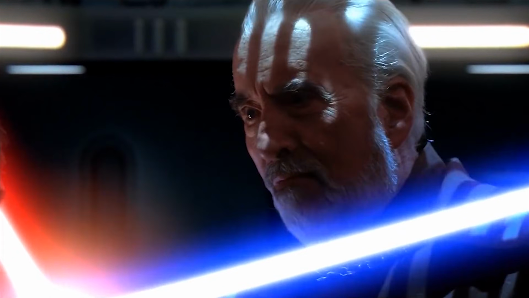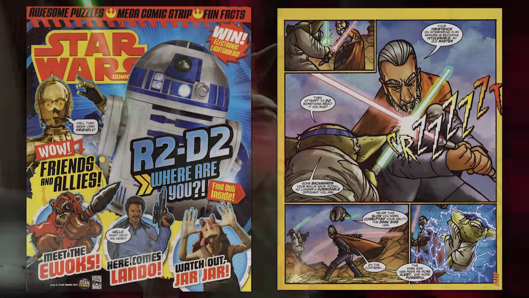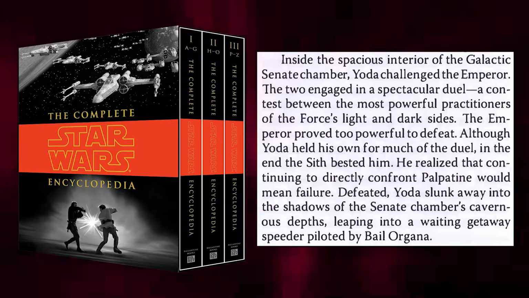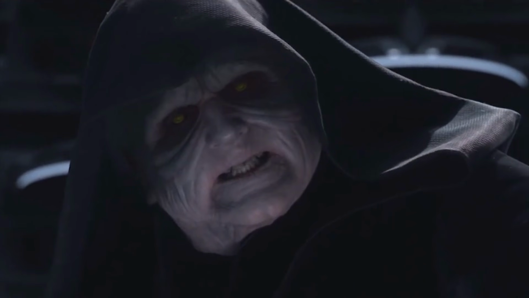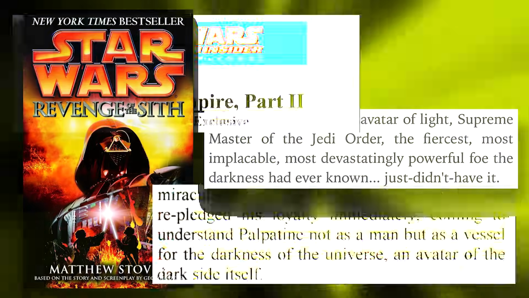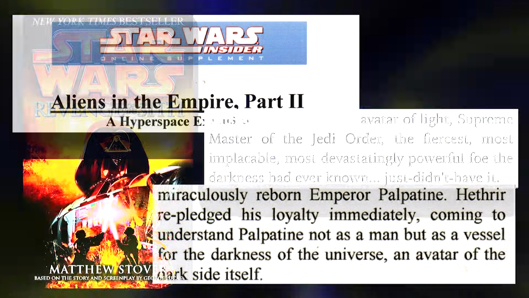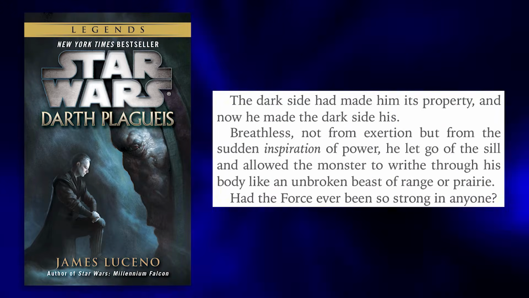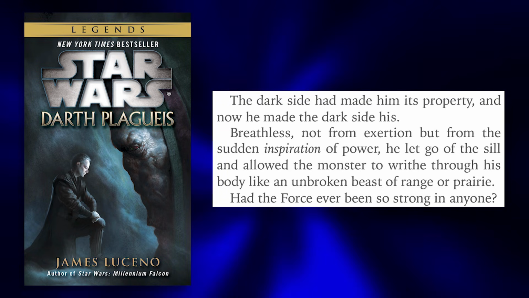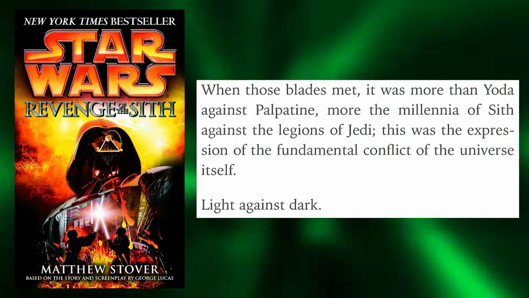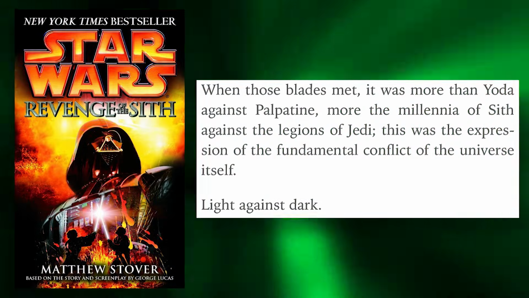These levels of power are consistent, seeing as Yoda, a being who Dooku outright scales to in the expanded universe, is weaker than, but relative to, Darth Sidious, with both masters of the light and darkness being viewed as avatars for their respective sides of the Force, with each of them touting statements of supremacy above all other practitioners of the Force in history, and their battle in Revenge of the Sith being described as the expression of the fundamental conflict of the universe itself.